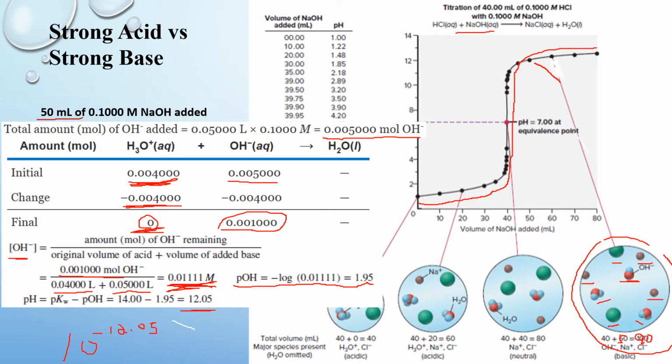This is a feature of a strong acid and strong base titration. And if you rotate this upper portion by 180 degrees, it's going to overlap with this bottom portion of the curve.